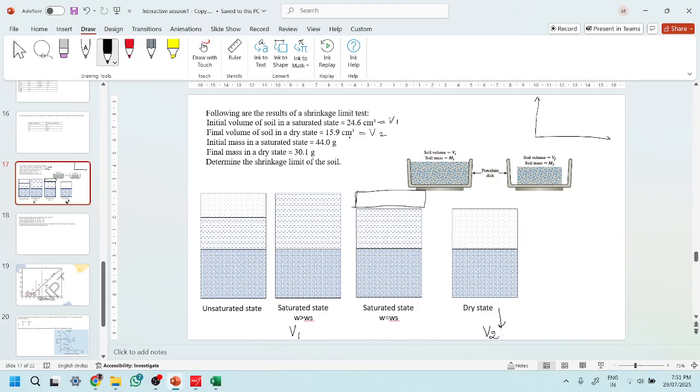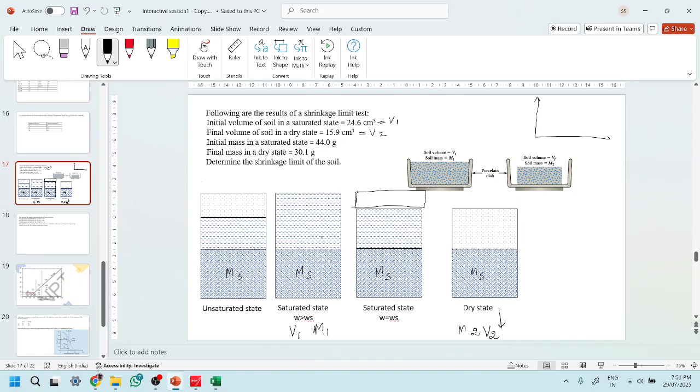Initial mass in a saturated state. Let us say that this was the mass of solids. It will be the same all throughout. And this is M1. Final mass in dry state. This is M2.